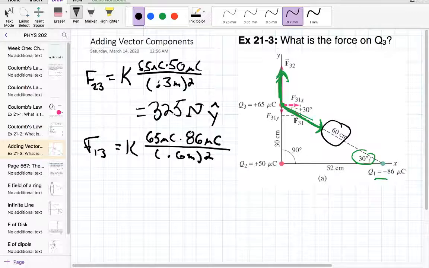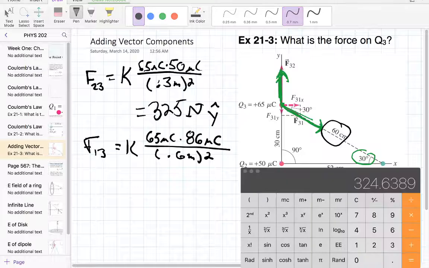So we go back to our calculator and we multiply 65 times 10 to the negative 6 times 86 times 10 to the negative 6, divided by 0.6 squared, times 9 times 10 to the 9th. Oh, I missed an exponent somewhere. Let's try that again.